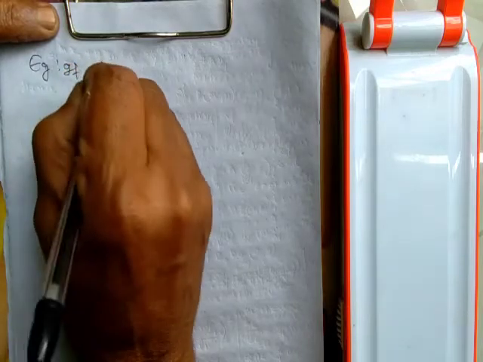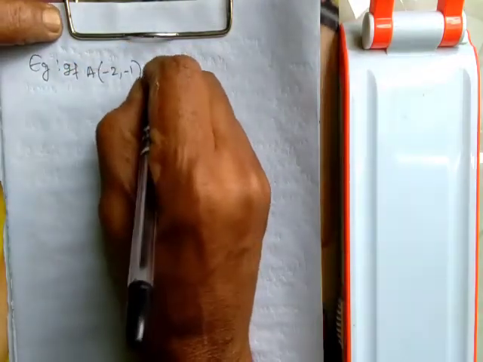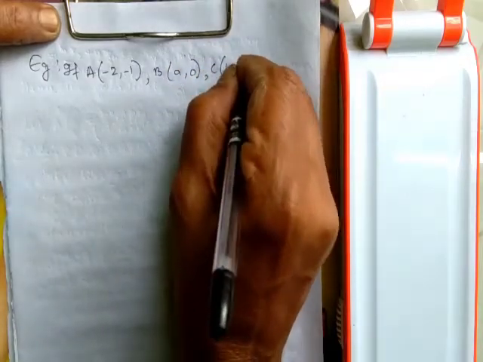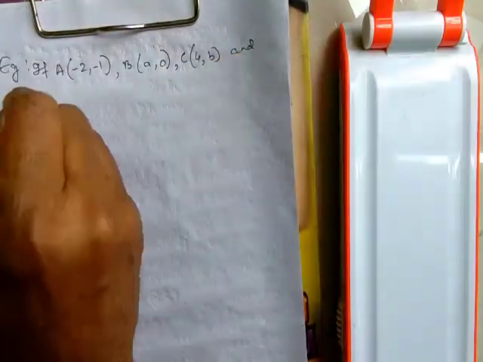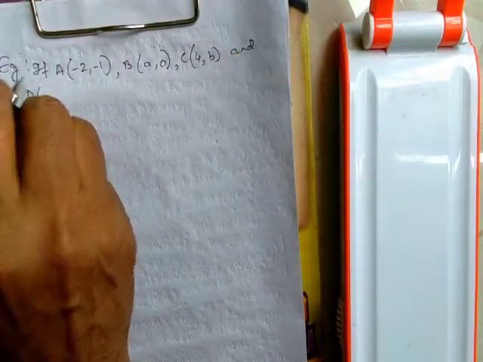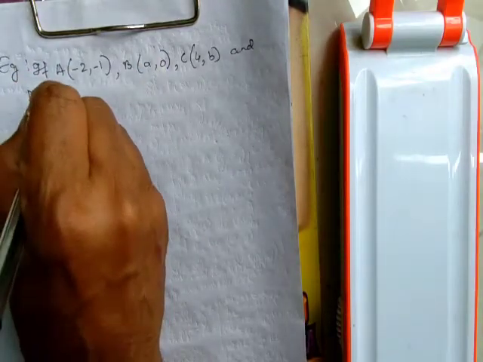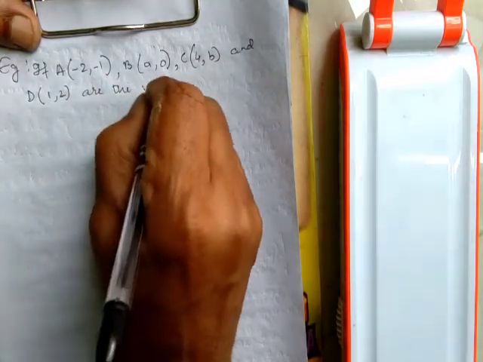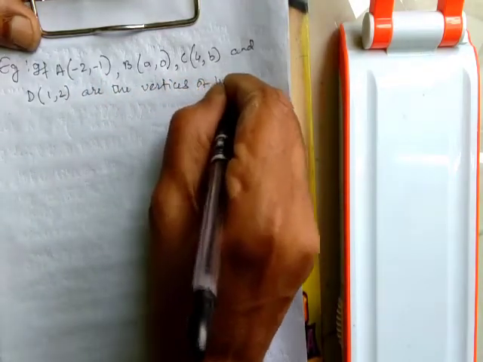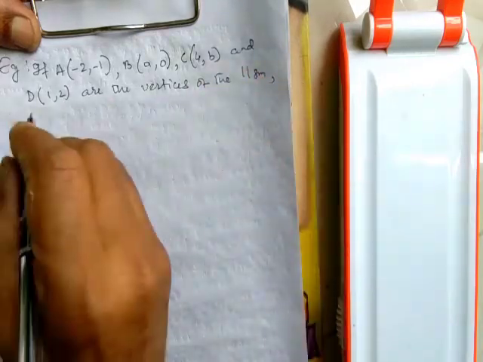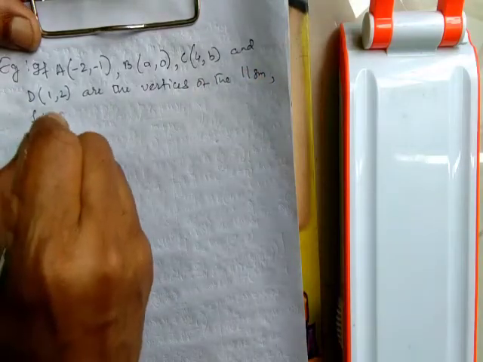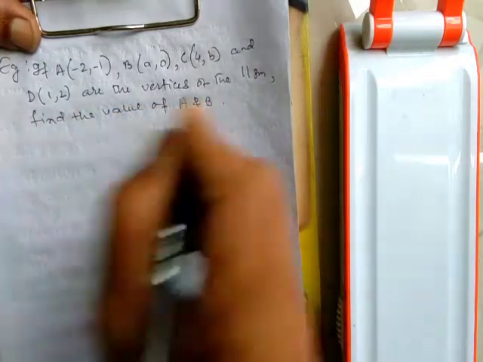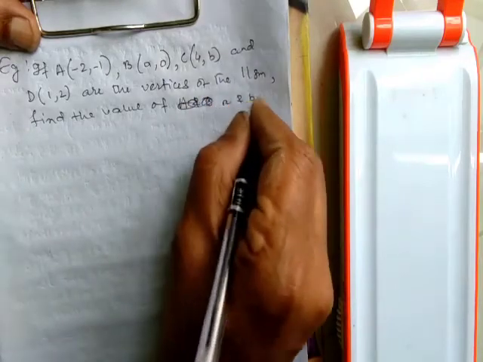If A (-2, -1), B (a, 0), C (4, -4b), and D (1, 2) are the vertices of a parallelogram, find the value of a and b.